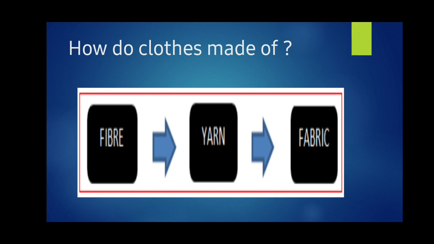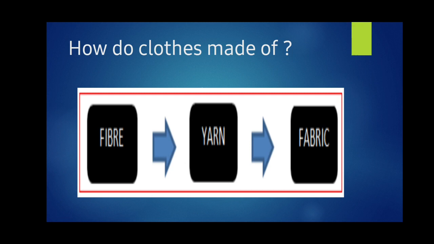By combining more yarns, we get a fabric. This yarn is made up of fibers. By combining more fibers, we get yarn. So fiber is the very basic thing to prepare a fabric.